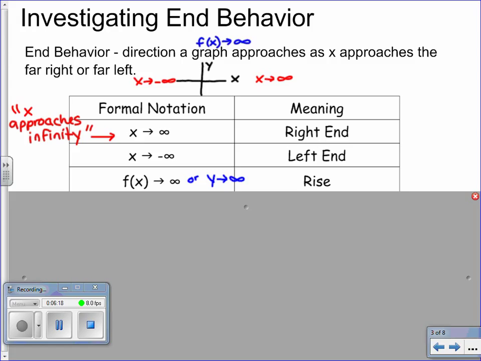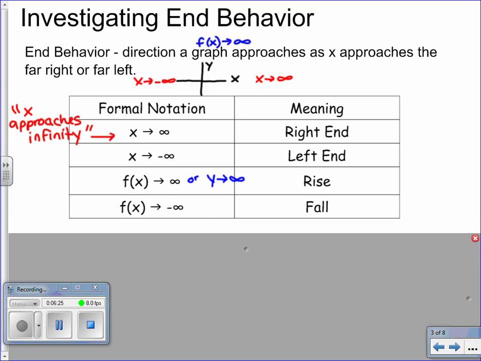F of x approaches negative infinity, and that means that side falls. You can also write that as y approaches negative infinity. They will be the same thing. And on the graph, that would be down towards the negative y's. So at the bottom of the graph.